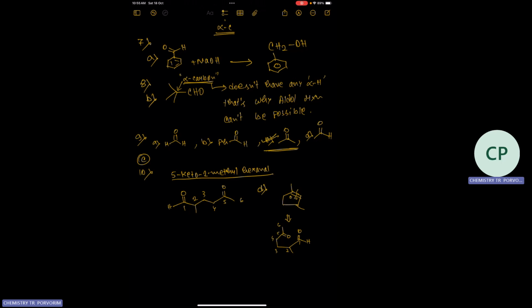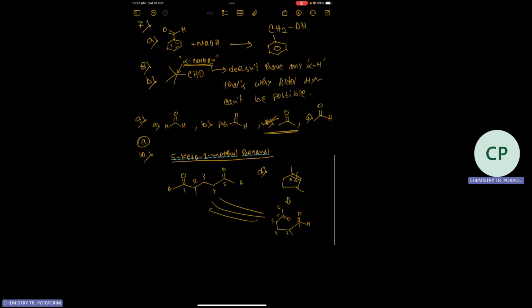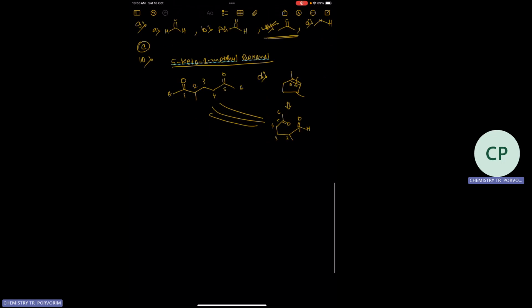So 2-methyl, 5-keto. This is also 5-keto-2-methylhexanal, a similar structure. So option D is our answer. Next, question number 11.